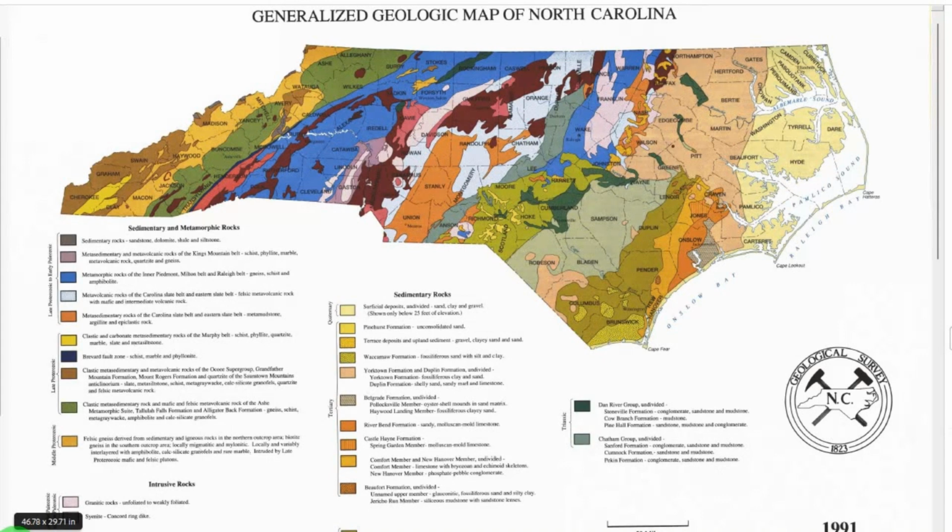So I chose North Carolina because the state itself did a really good job with available resources online for mapping and GIS type work. I'll try to go through it pretty quick so I don't take a lot of time.